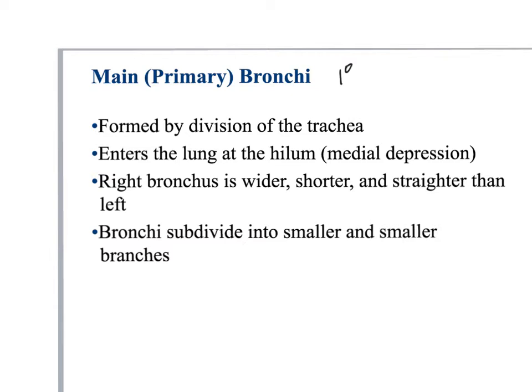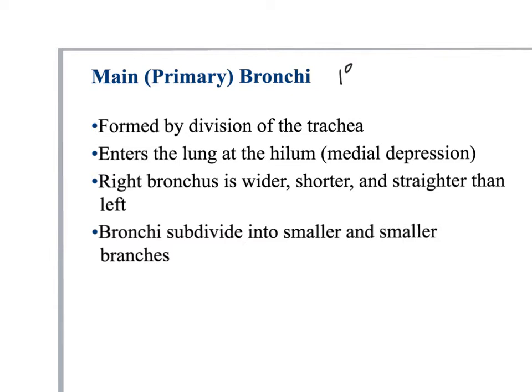Our C-shaped cartilaginous ring tube comes down and splits into two. The cartilage found in the trachea continues into the bronchi, and as you get further away from the trachea, the cartilage becomes less continuous. Instead of one C-shaped piece, it's broken into smaller sections.